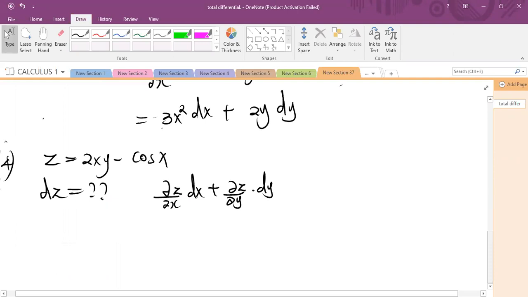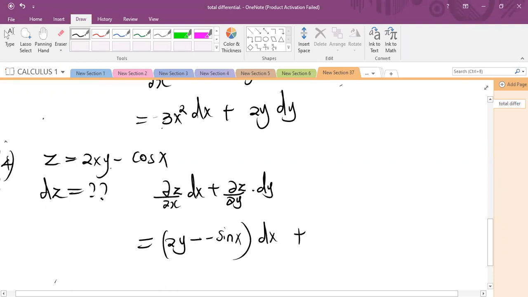Now evaluating the partial derivatives. So we have the partial derivative of z with respect to x, y will be treated as a constant at this instant. So differentiating this with respect to x, we have 2y, minus differentiating cos x with respect to x, we have minus sine x, dx plus the partial derivative of z with respect to y.